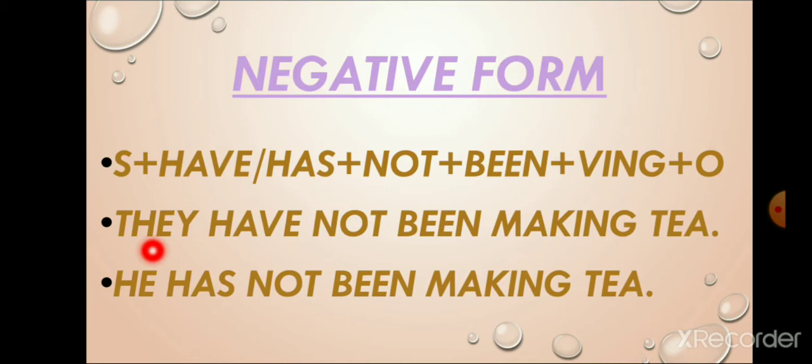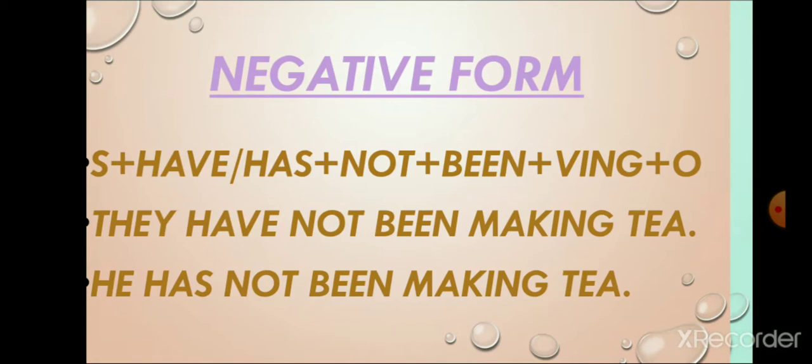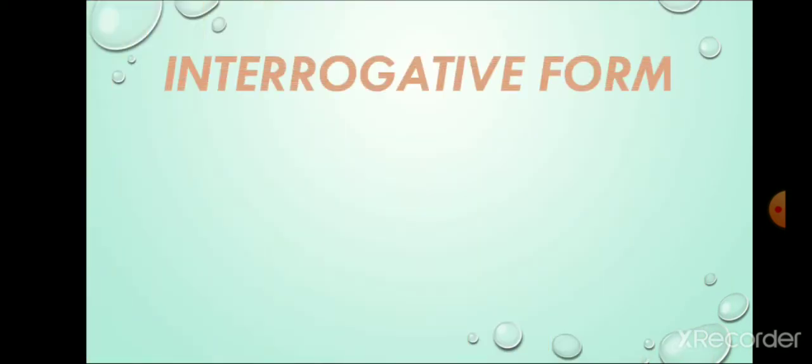And in the second sentence we have used he, and the helping verb is has, and used not for negative form, been and the VING form making, and the last object is tea. So the negative form of present perfect continuous tense we have seen here, and the examples are given in this format.